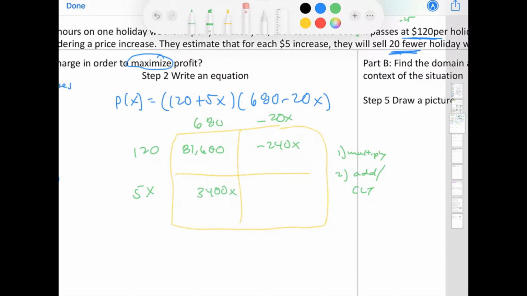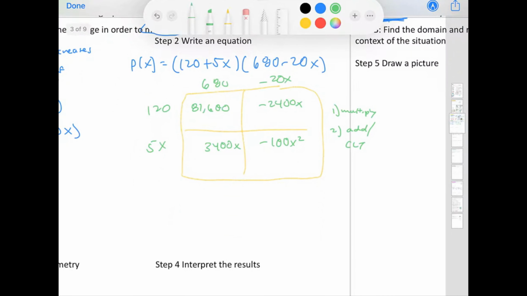I missed a 0 on the top one. And then 5x times negative 20x is going to be negative 100x squared. So we'll just write this one as a constant. There's no other x's in it, so that would just become 81,600. If I combine like terms with these two, if I add those together, I will get positive 1,000x. So I'm done with those, and then subtract 100x squared.